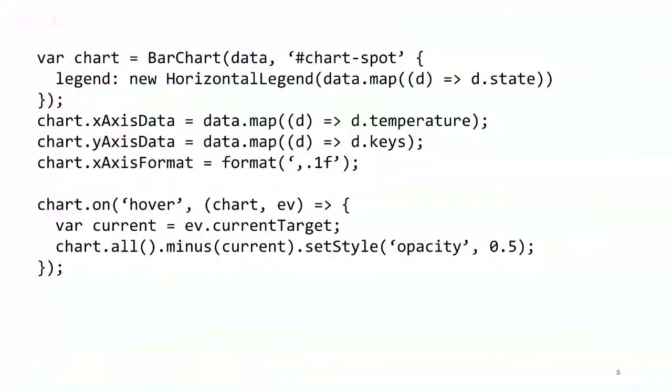I wrote this as unimplemented code, meaning that some functionality here has not actually been done, but this is the idea of how it would work. There'll be different types of charts you can create. We're creating a bar chart here with some data we have, and adding it to a certain spot on the HTML page. We're also using an API for a legend and creating a simple legend.